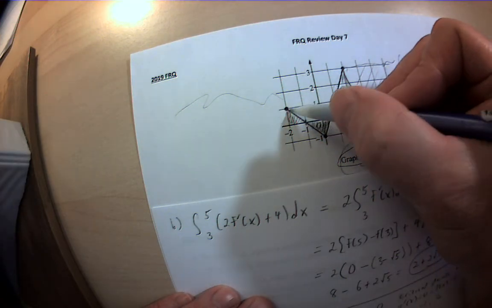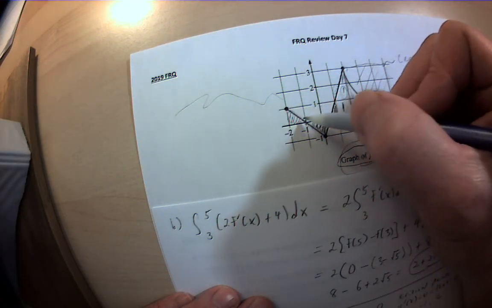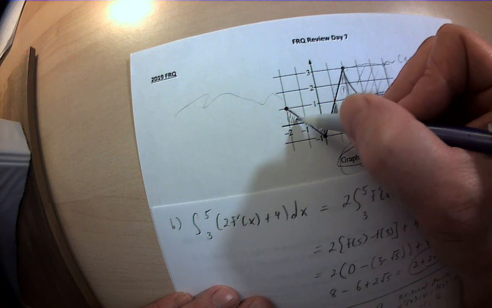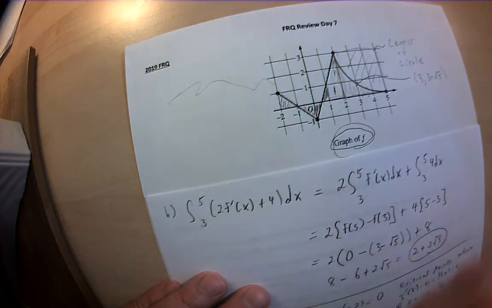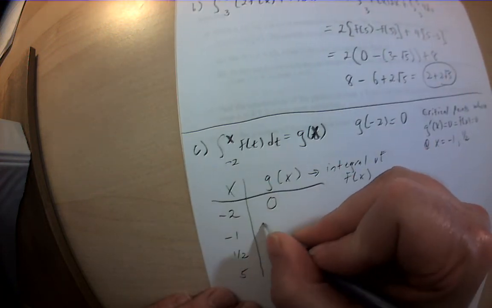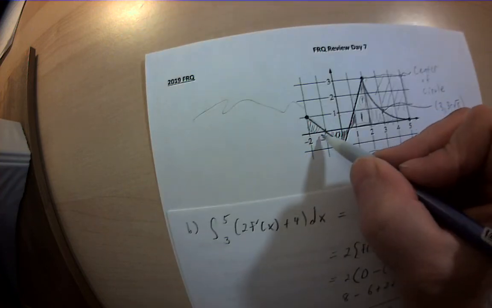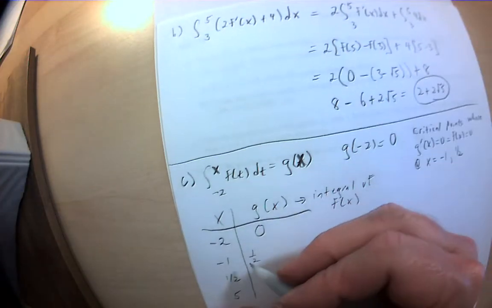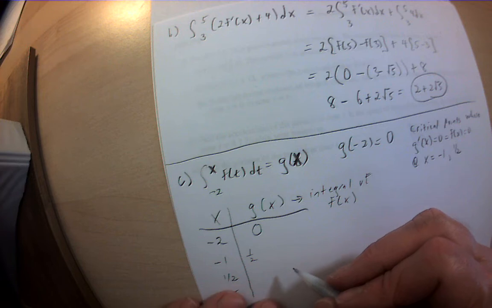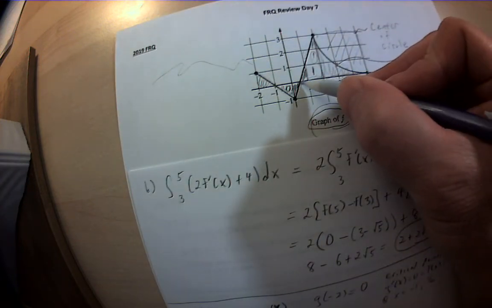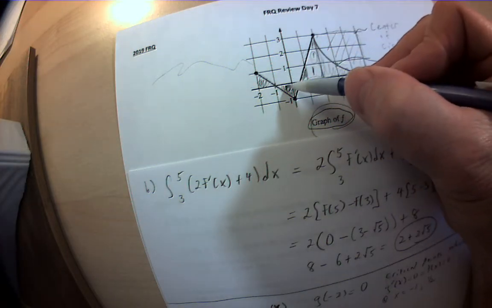Okay, -1. So from here to here, that area is 1/2 base times height. The base is 1, the height is 1, so it's 1/2. Okay? Here, the area there. So guys, look, this area and that area are equal.